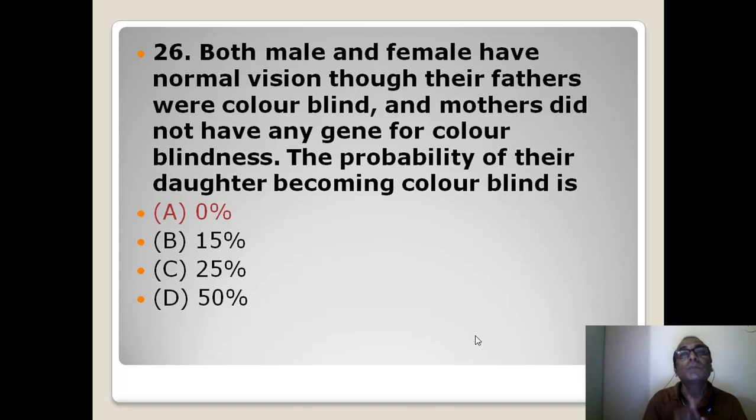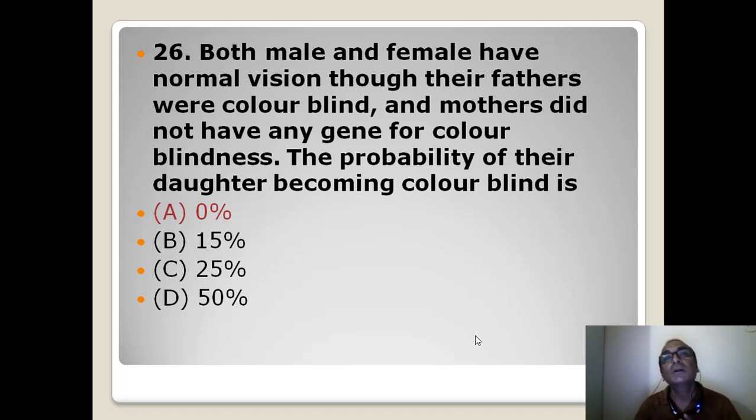So now here both male and female have normal vision. That means they are normal, but maybe carrier. Carrier, in which case only the female can be a carrier. So the female can be a carrier, with one recessive allele on the X chromosome for color blindness, and the male cannot be a carrier, he is either normal or affected.